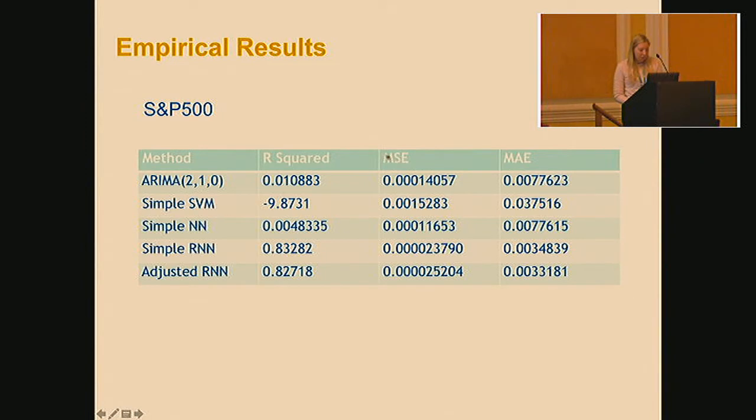And then if you take a look at the mean squared error and the mean absolute error, the ARIMA model performed comparably with the neural network, but with an R-squared that barely covered 1% of the data, was it really an appropriate comparison, as the recurrent neural network outperformed it considerably.